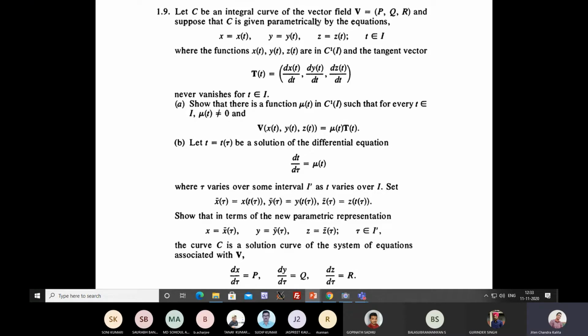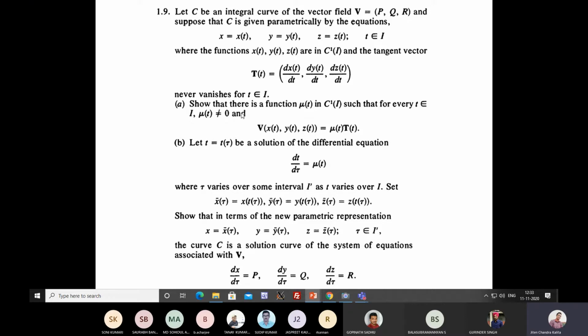Let C be an integral curve of vector field v given by P, Q, R, and suppose that C is given parametrically by the equations x equal to x(t), y equal to y(t), and z equal to z(t), with t belonging to some interval I, where the first order partial derivatives must be continuous. And the tangent vector, we assume, never vanishes on that interval.